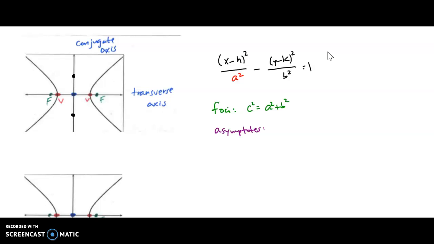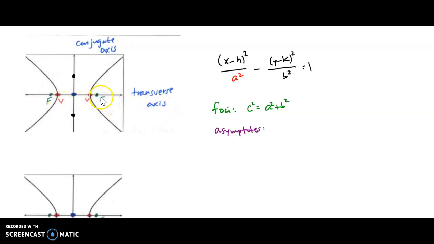I wrote a squared in red, because I put red dots for the vertices. A is still the distance from the center to a vertex, and C is still the distance from the center to a focus.